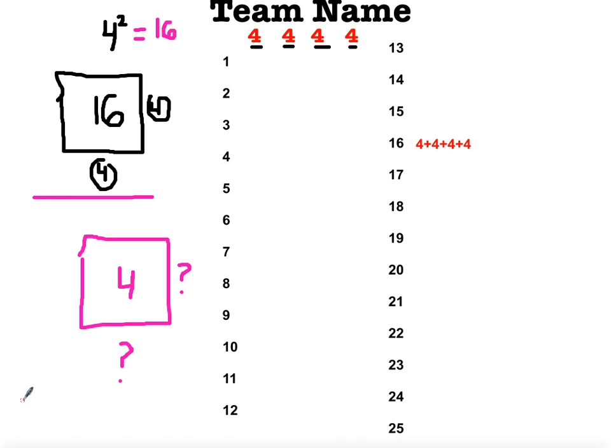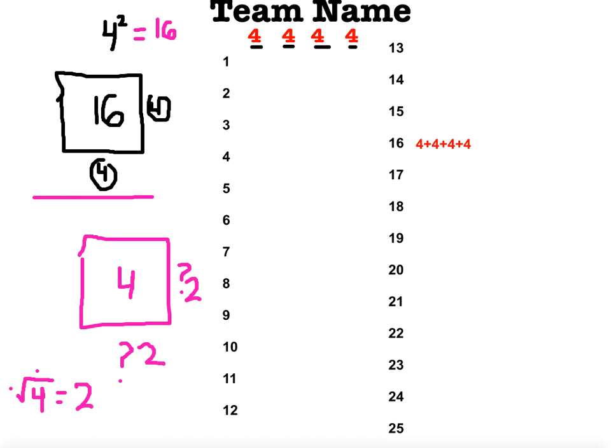You can do something called unsquaring 4, and that's where you just find each of these sides. And the way you write that is like this. It's called the square root. And the square root of 4 is equal to 2, because 2 times 2 equals 4. That's going to be helpful.